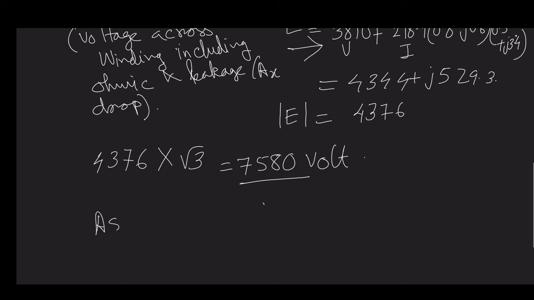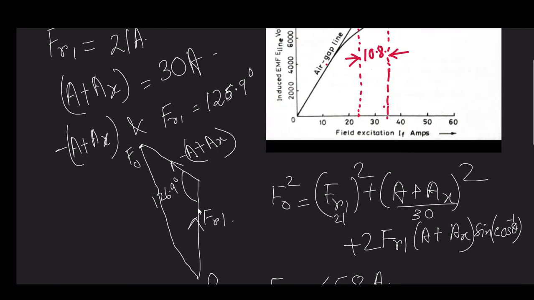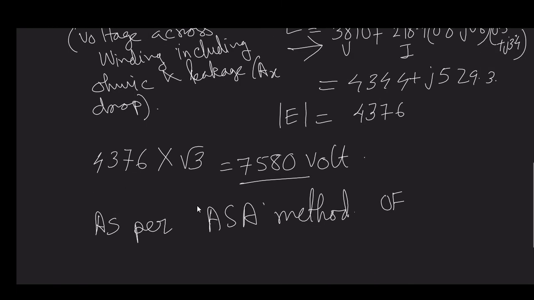Now as per the MMF method, sorry, as per the ASA method, we need to change it like F naught plus this F dash. So that will be 45.8 plus 10, that is around 56 ampere.